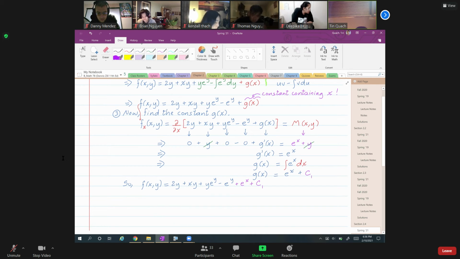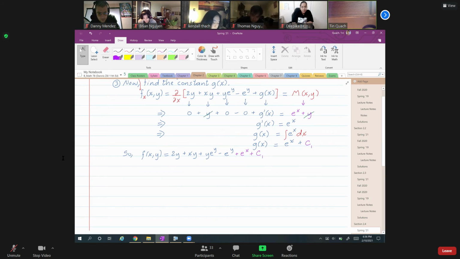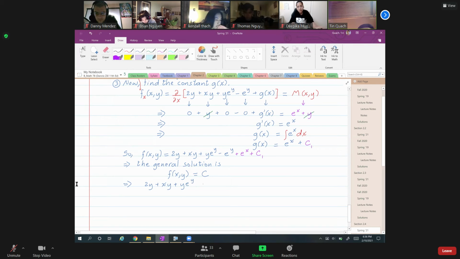All right, so this implies the general solution is this, which means 2y plus xy plus y e to the y minus e to the y plus e to the x plus c sub 1 equals c.